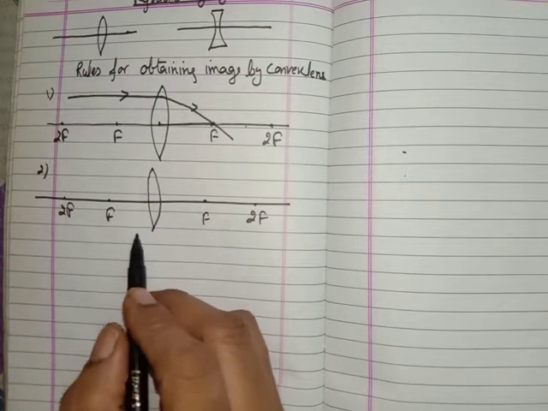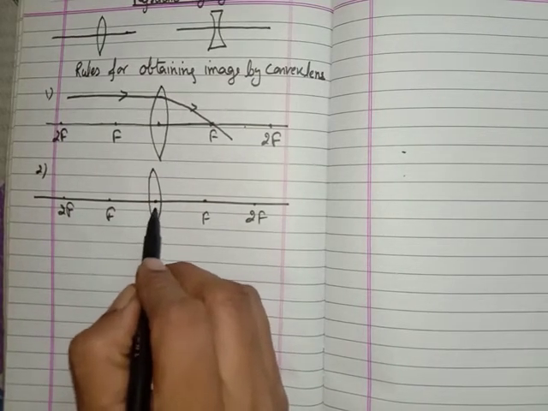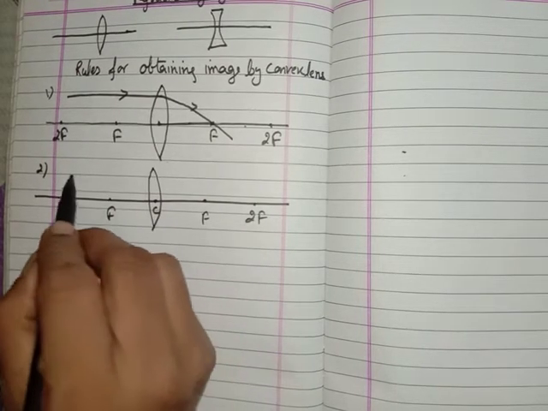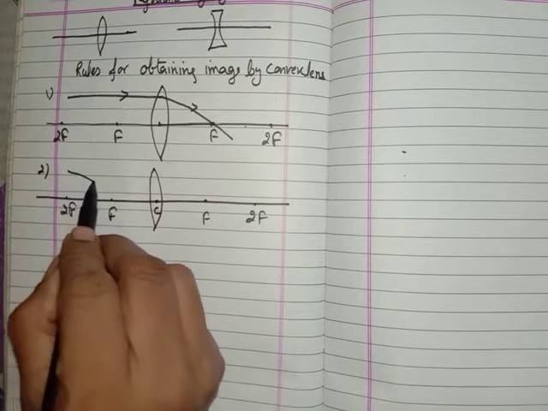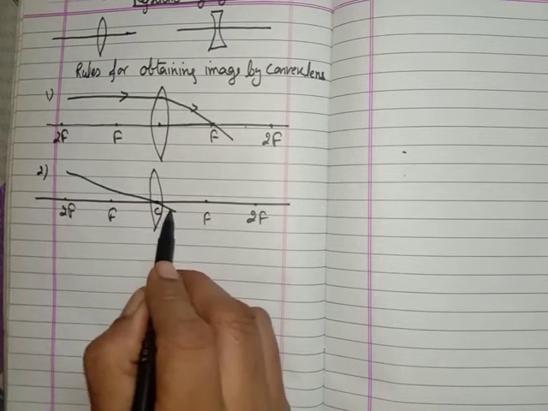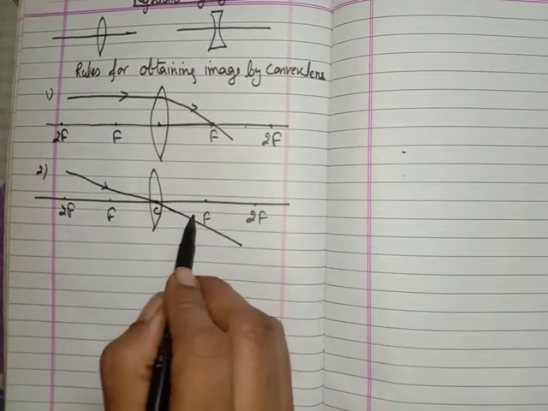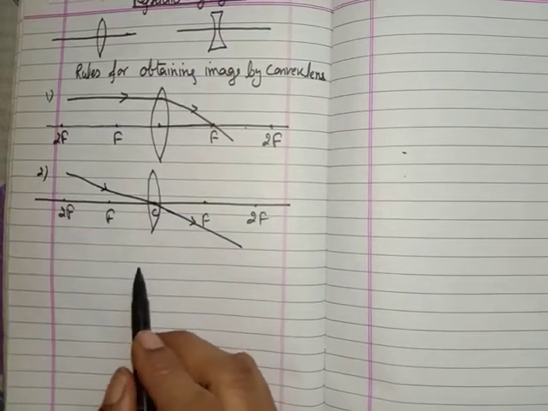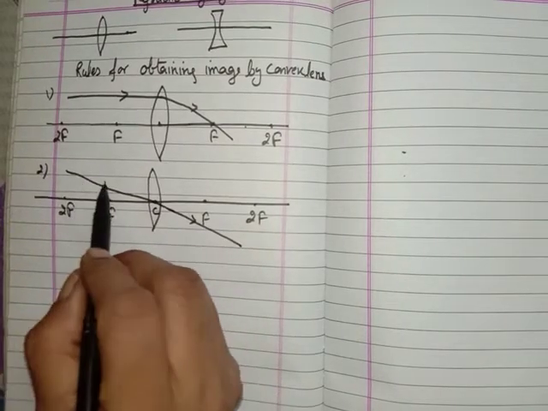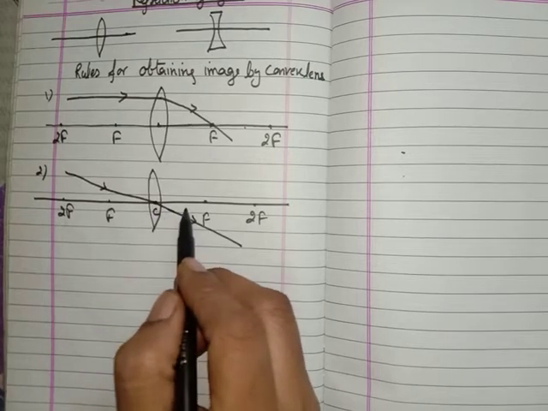Now the second rule is, this is the optical center. I am representing it by using the symbol C. If the light is coming through this optical center, it always goes straight without any deviation. This question should be in your mind: why does this light ray which is coming towards the optical center not deviate?